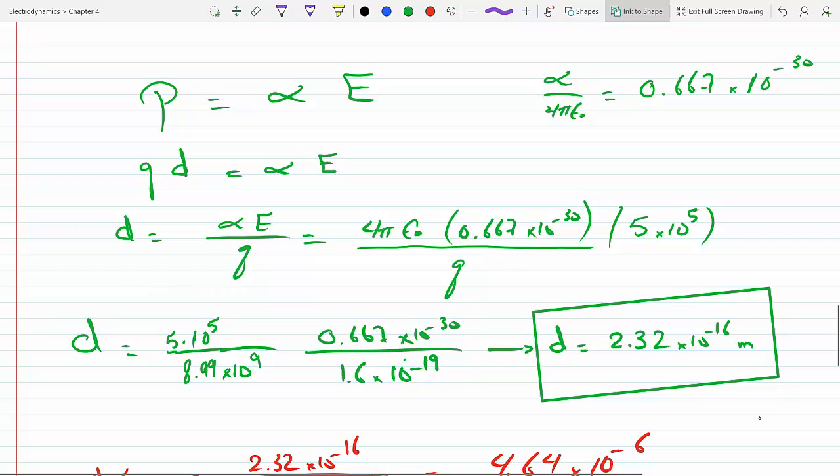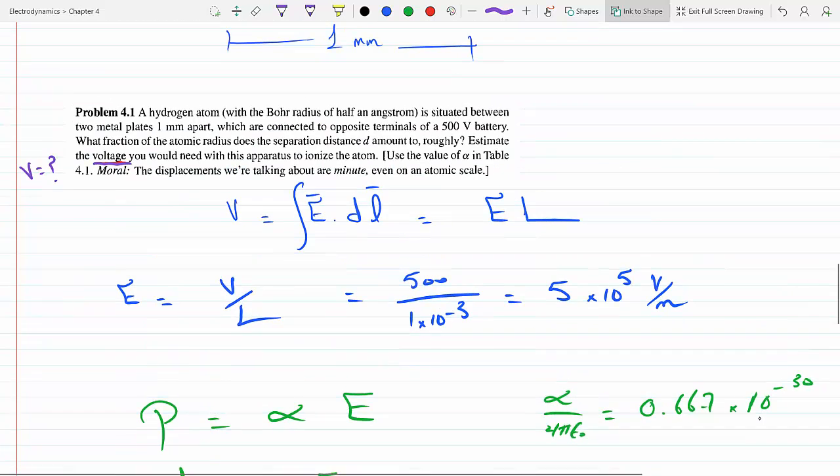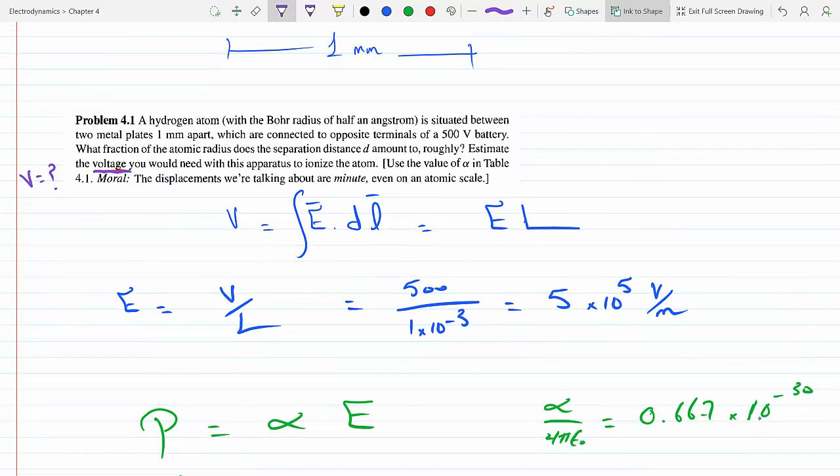L, by the way, is the same thing I used before, the distance between the two metal plates.